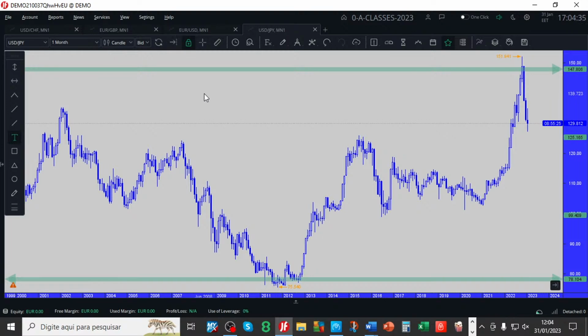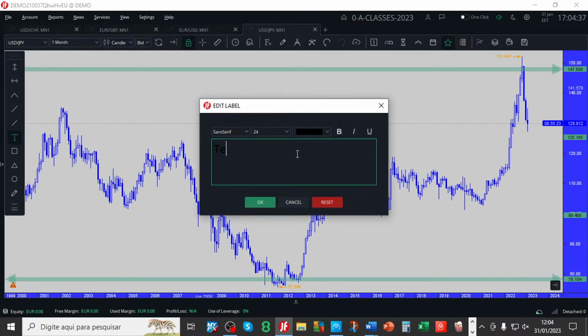Let's write this down. Charting slash trading concept. Yesterday we talked about the correct way to draw the trend lines.